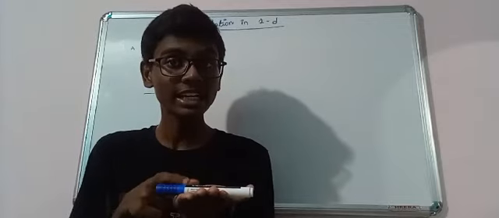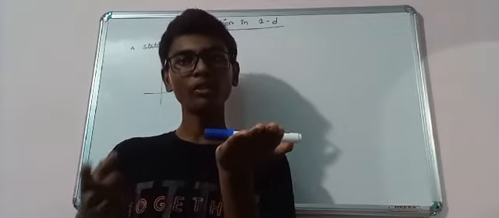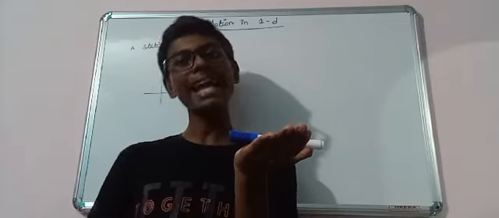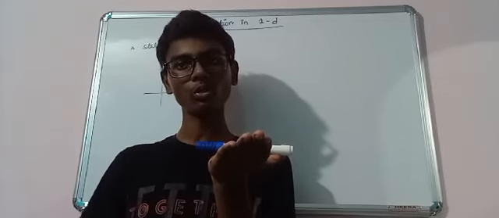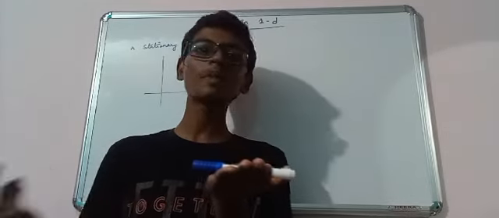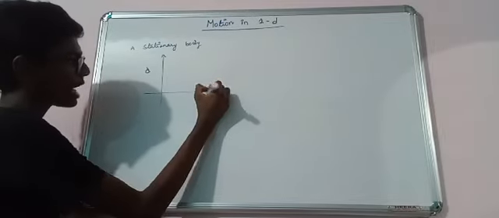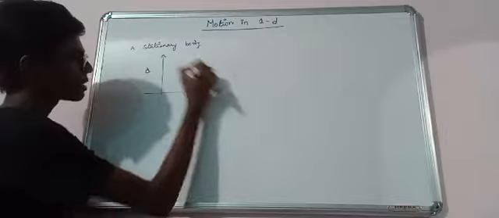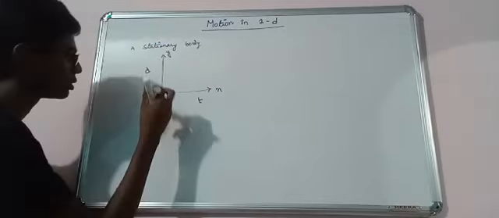Is it having any displacement? No, displacement is 0. But if you see your clock, time is going on, moving forward: 1 second, 2 seconds, 3 seconds, 4 seconds, 5 seconds. But displacement is 0. How to plot this? This is your displacement axis, this is your time axis, x and y. How to plot this? What I told you, this is your 0.